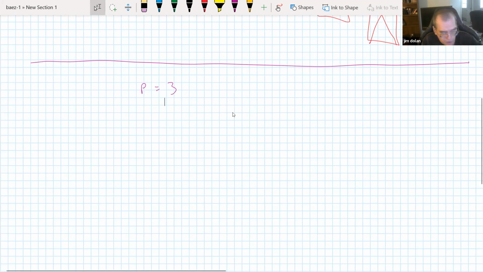I've got graph paper on my screen here, and the vertices we can think of as the Gaussian integers, roughly speaking. And now we're interested in sublattices of that lattice of Gaussian integers, and we want sublattices of index 3.